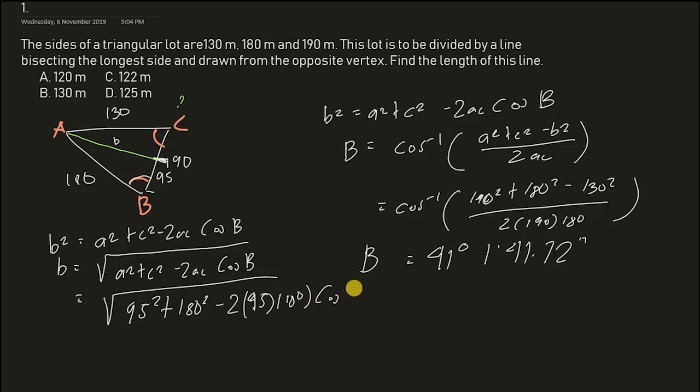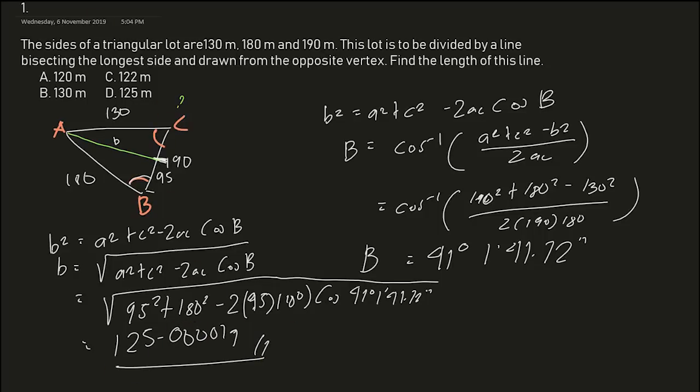Cosine of B. B is this angle. 41 degrees, 1 minute, 41.72 seconds. So, let's extend that out. Solve natin yan, guys, using our calculator. That would be equal to the square root of, okay, guys. So, basically, sa ating sagot, that's equal to 125.000019. So, rounding that off, ang nearest nating sagot is letter D. So, that's how to get that.